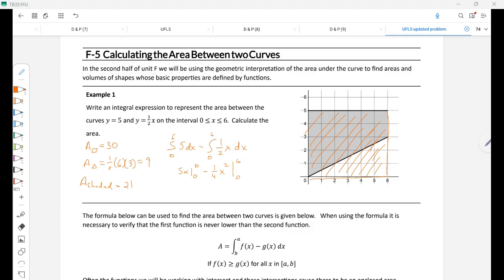And plugging the zeros in those is going to give me 0. There we go. 30 minus 0, of course, minus 36/4 minus 0, which is our 30 minus 9. Exact same thing.